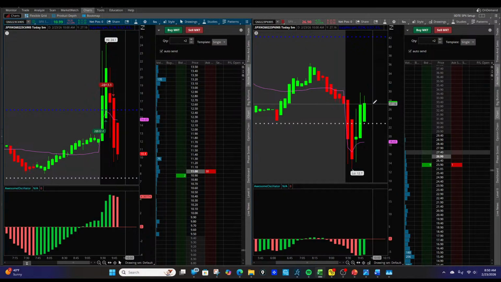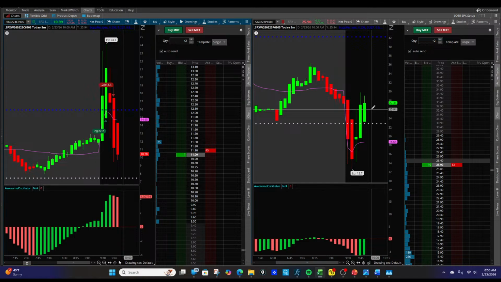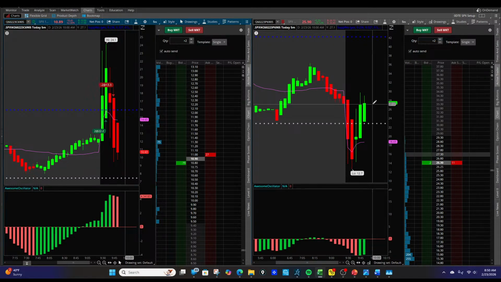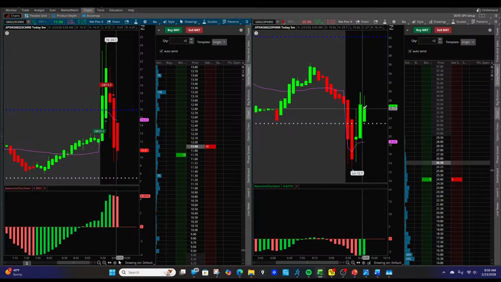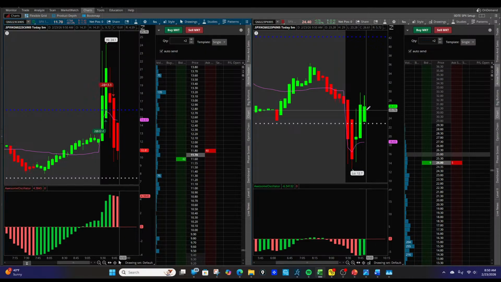Now it's going below. The real body is the dark part of the candle, and when it opens above that, now it's gone below it. I was going to say, though, when it goes above that, that's a time possibly to get in.